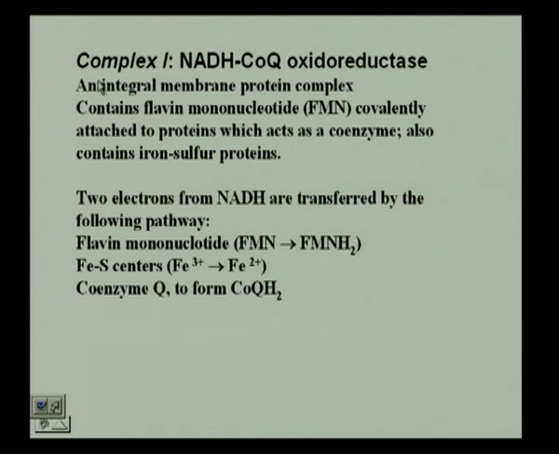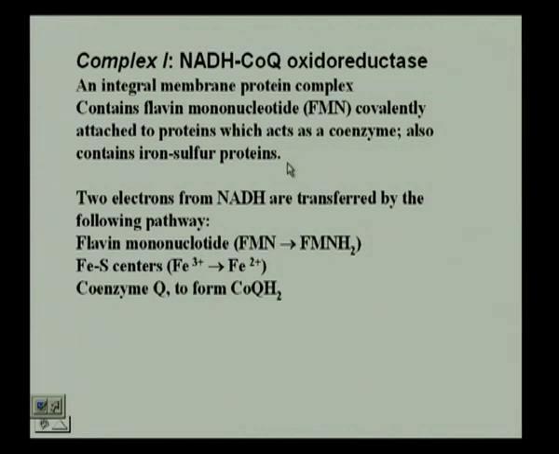Okay. So, complex 1 is the integral membrane protein complex that contains FMN, that is covalently attached to the proteins, which acts as a coenzyme, and it also contains the iron sulfur proteins. So, what does complex 1 have?